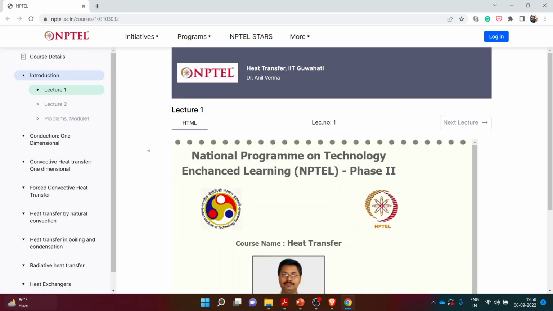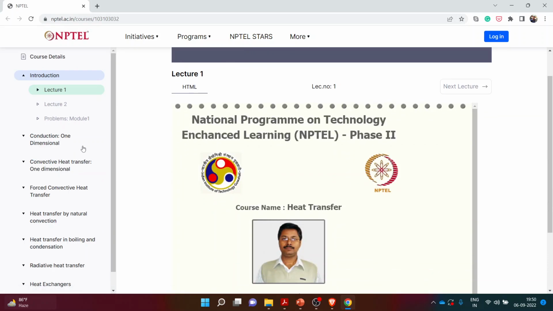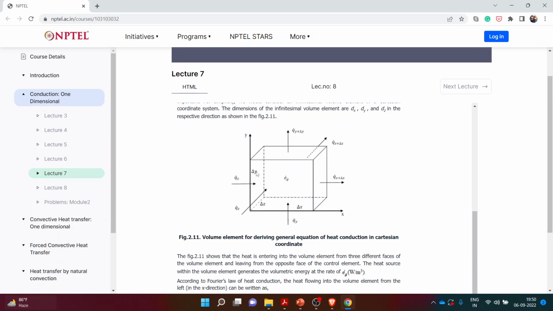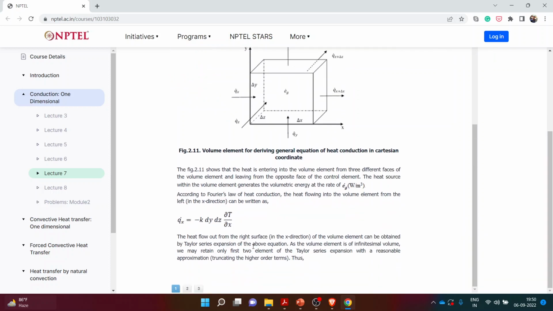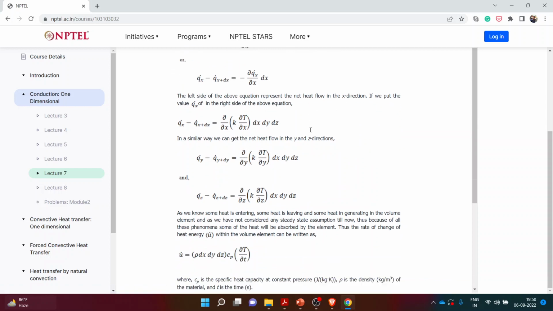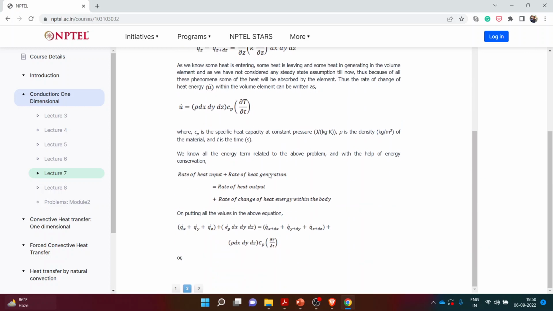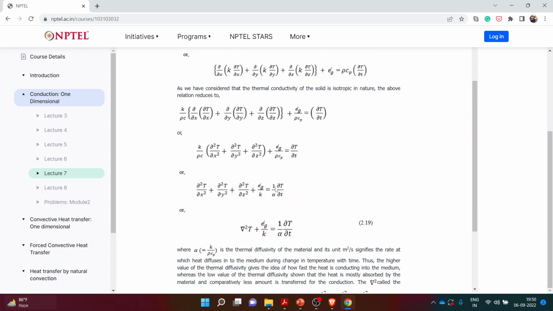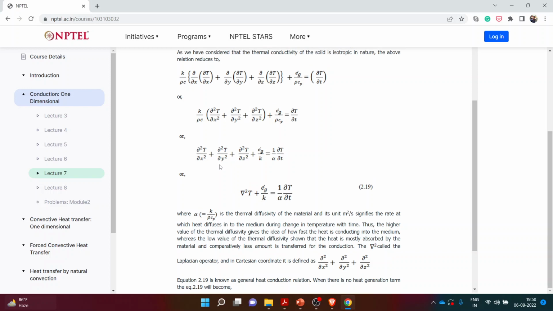So these are the notes corresponding to those lectures, and in this, see here, we have been given the equations for this cuboid or cube, whatever you consider. These equations are in Cartesian coordinates x, y, and z.